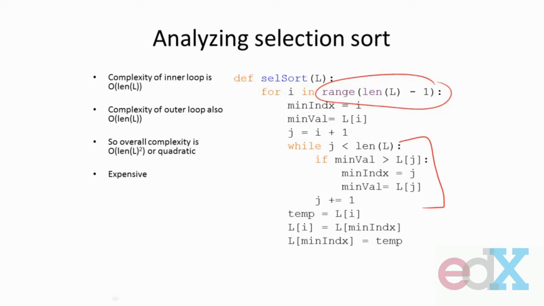So I'm doing something of order length of L, and I'm doing that order length of L times. So the overall complexity here is quadratic. It's length of the list squared, because I have to go through the list at least once, and I have to do that length of the list times. And unfortunately, we know this is expensive. It's not what we would like. But it gives us a simple kind of sorting algorithm.